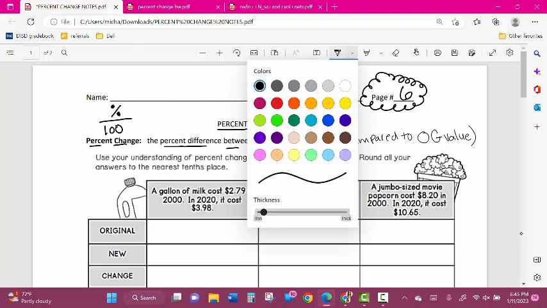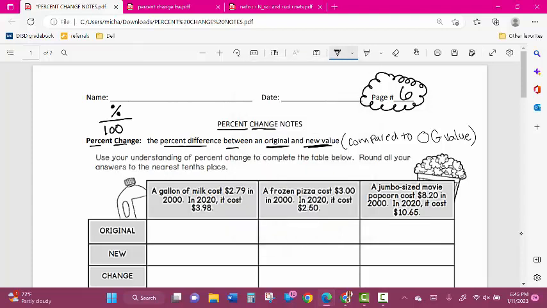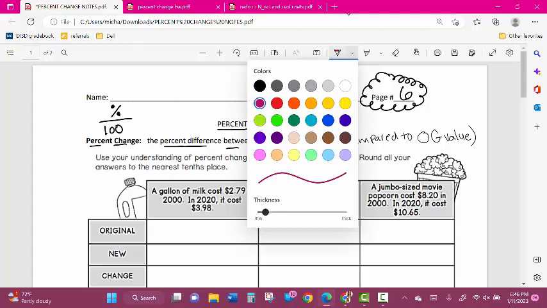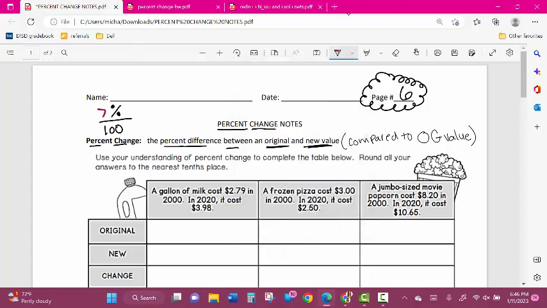Okay. So that's important information, that it's compared to the original value, because that tells me that the percent here is going to be the percent change, right? But that means that the 100 tells me the 100% or all of the total from the total original value.